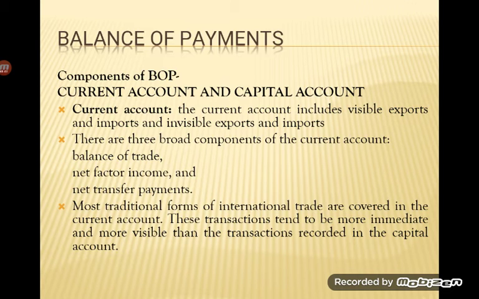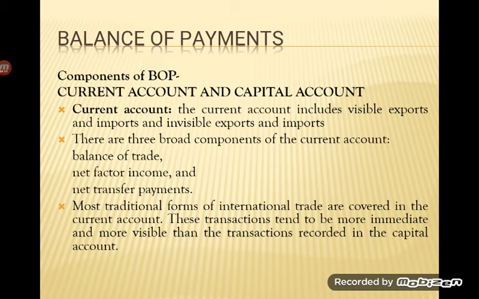The service sector is overtaking the other two sectors in our economy in terms of revenue. Because of this reason, it is very essential to include these invisible sectors because of the earnings in that sector. That is why the current account includes both visible exports and imports as well as invisible exports and imports.